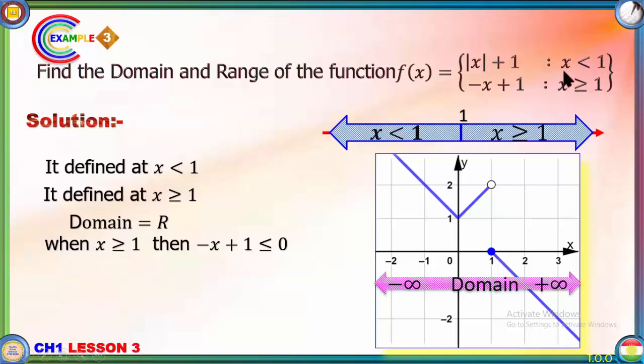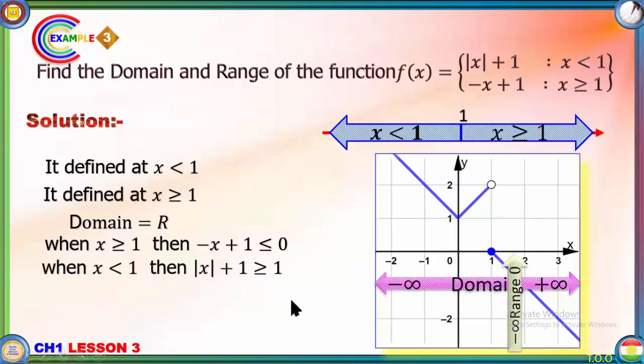Whatever the value of x less than 1, the absolute value of x plus 1 is bigger than or equal to 1. If we take 0, 0 plus 1 is 1, which is equal to 1.